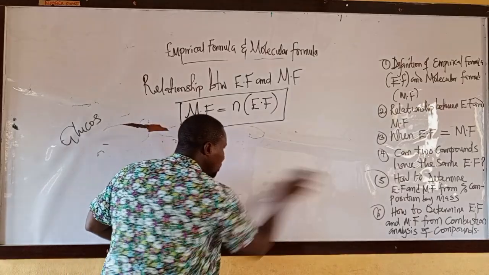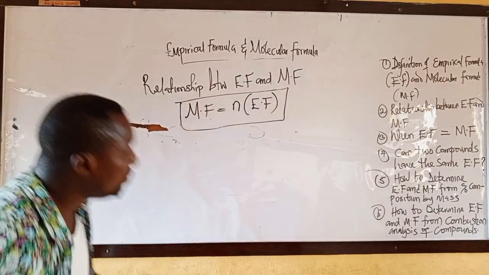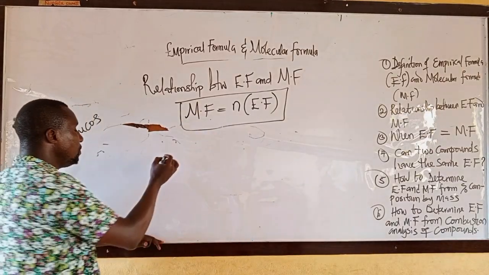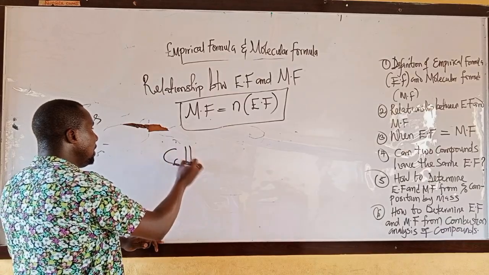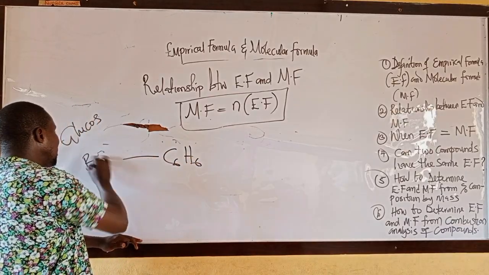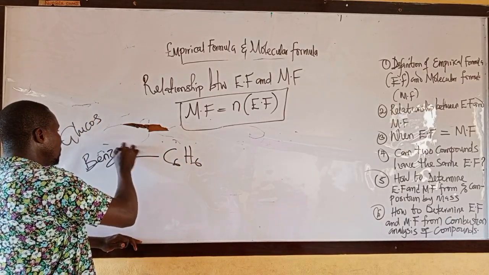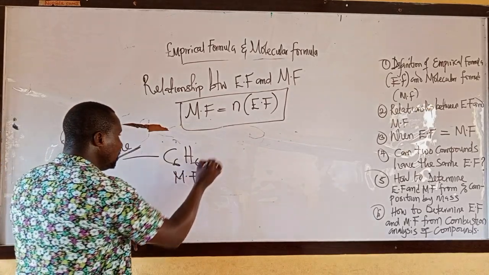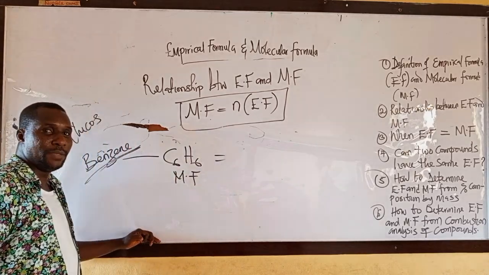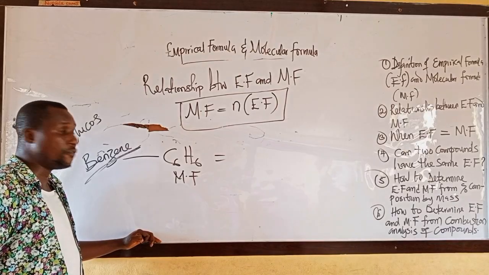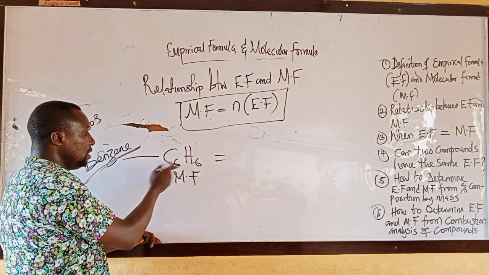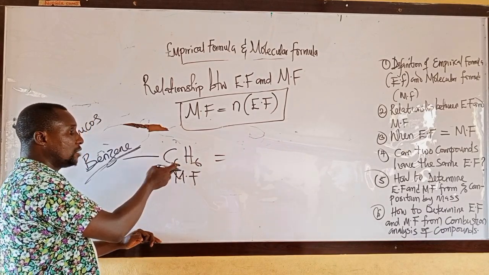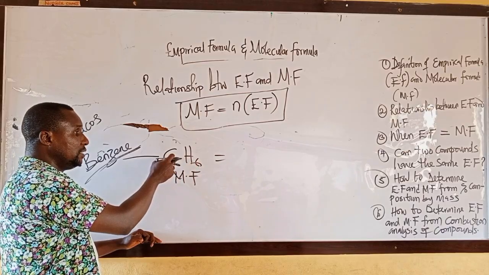Okay, if I give you C6H6, which is benzene, this is the molecular formula of benzene. What is the empirical formula of benzene? This is the actual number of carbon atoms and hydrogen atoms in one benzene.